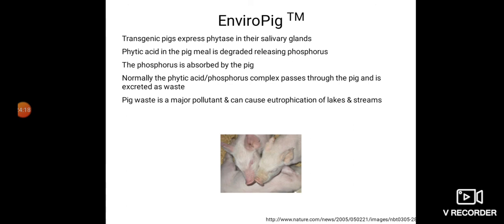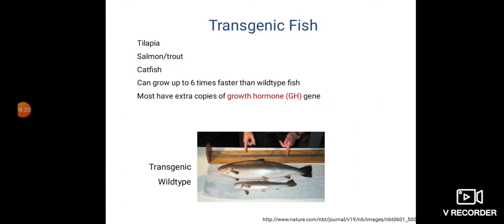Then they are producing transgenic fish; tilapia, salmon and catfish have been developed. With an extra copy of the growth hormone gene, these fishes grow more and accumulate more flesh.